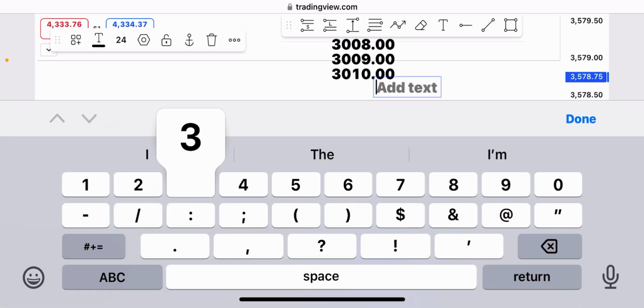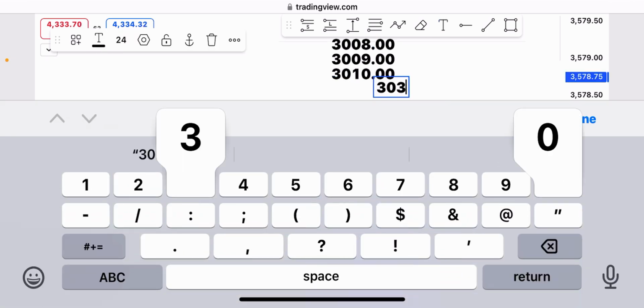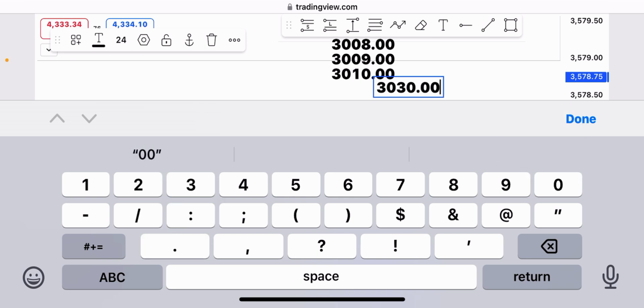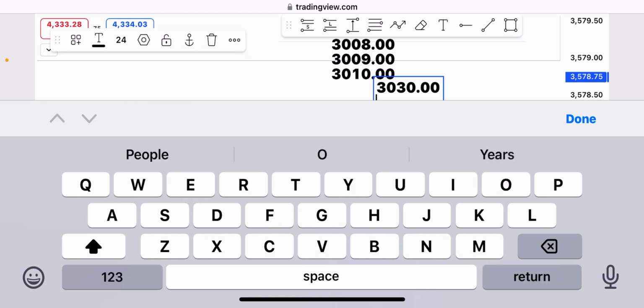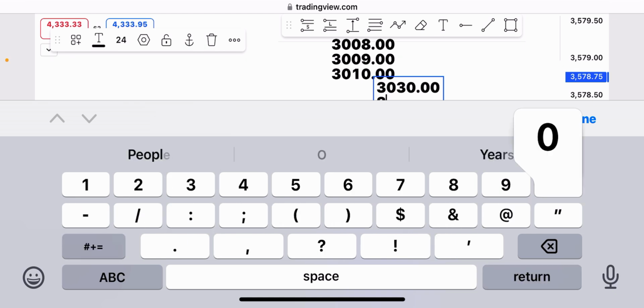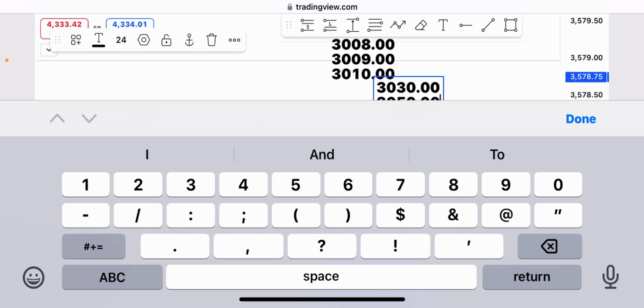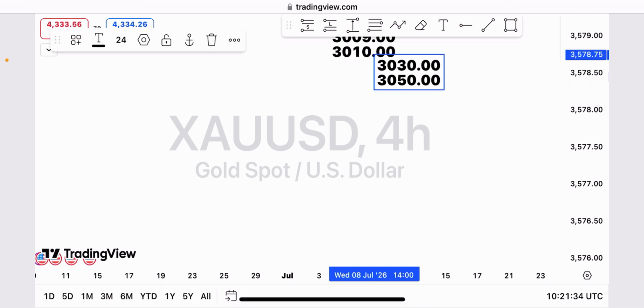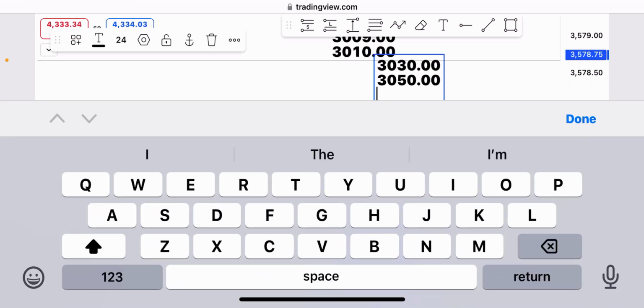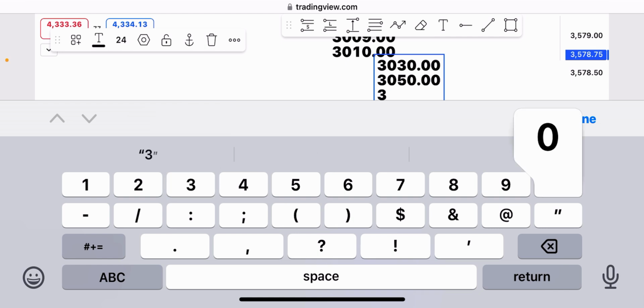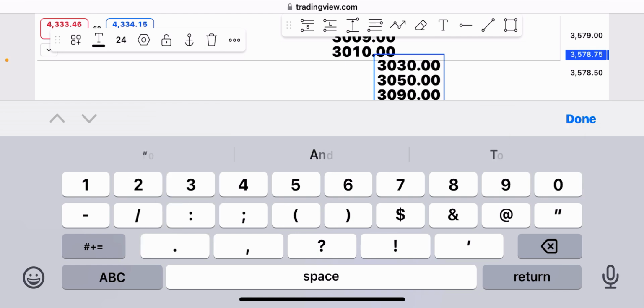Now we have 3030.00. This is 300 pips. Then we have 3050.00, this is 500 pips move. Then if we have 3090.00, this is 900 pips.